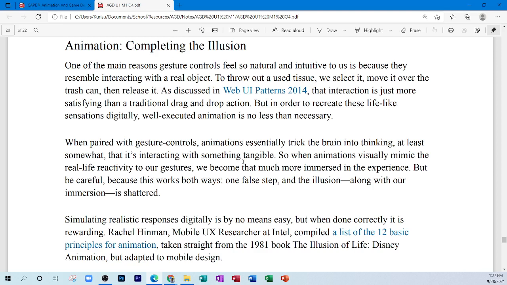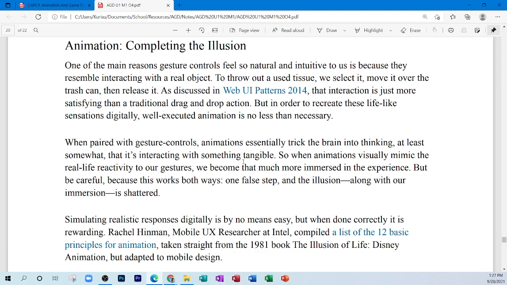But in order to recreate these lifelike sensations digitally, well executed animation is no less than necessary. When paired with gesture controls, animations essentially trick the brain into thinking, at least somewhat, that it's interacting with something tangible.